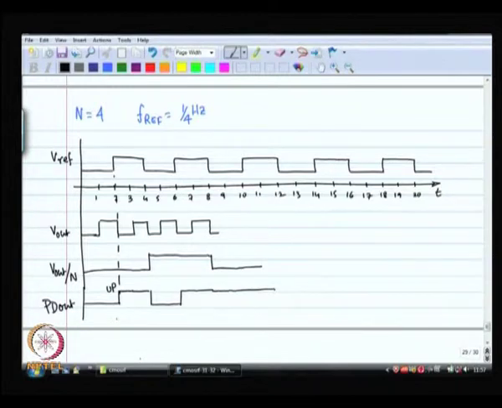So, you see that the phase detector is again telling you that you need to go up in terms of frequency, okay, increase frequency, become faster, speed up.